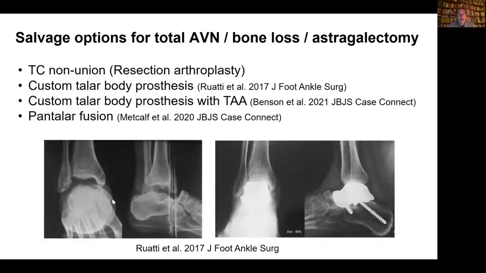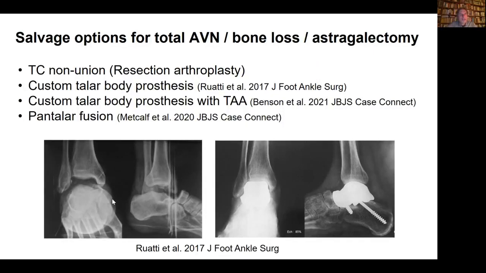Some more salvage options if there's a total AVN or bone loss after septic necrosis, or if the talus is just left on the street. You can go on in severely ill patients, in diabetic patients sometimes, to really go with astragalectomy, leave the talus out. Particularly, this might be done in patients after severe infection.